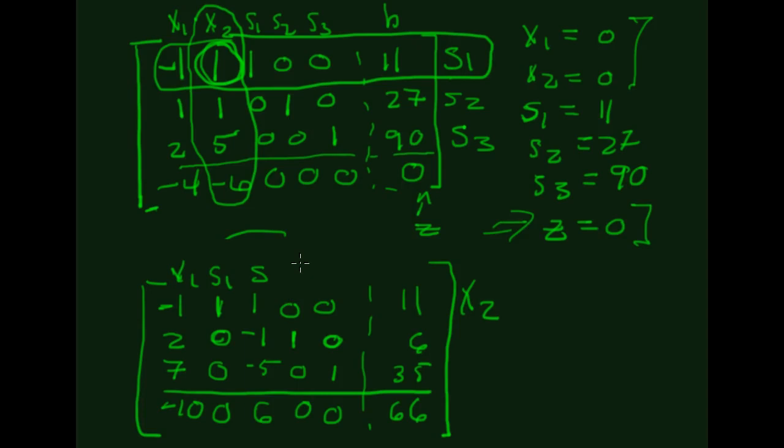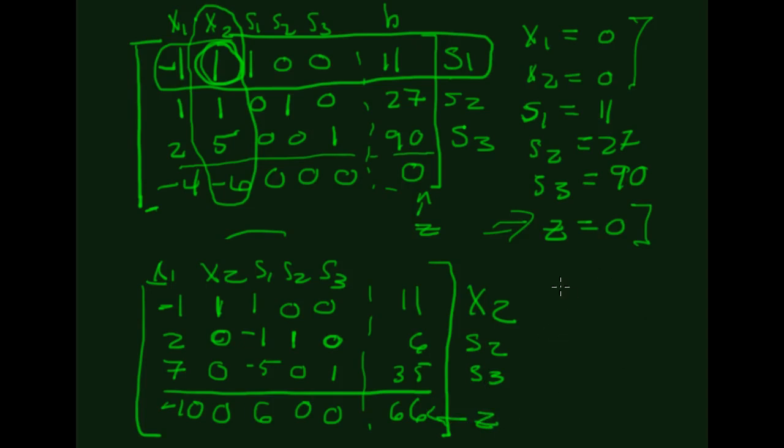So the top, these don't exchange actually. This still remains x1, this still remains x2, s1, s2, s3, but the s1 here comes out and this becomes x2, the s2 stays, the s3 stays, and this is now the new z.